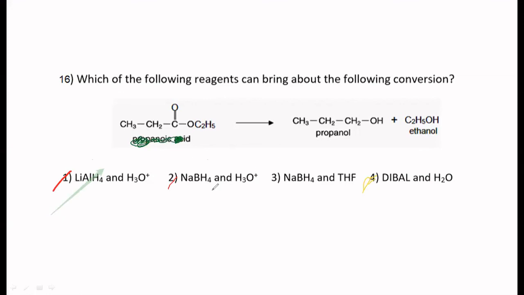Sodium borohydride cannot reduce an ester. It is only lithium aluminum hydride, and hence the first one is the correct one. It breaks it here and gives you 2 hydroxides. So that is a simple one. Hope you all have followed that.